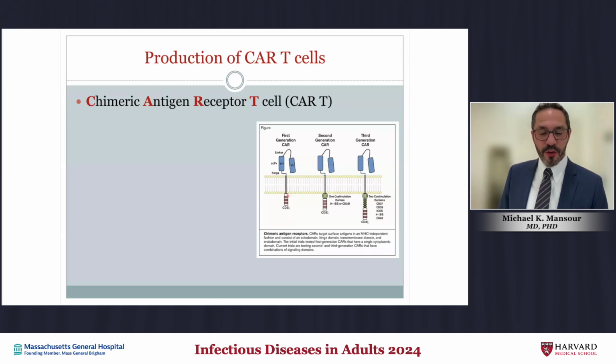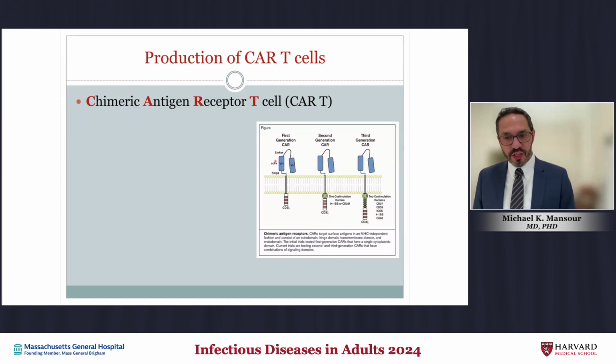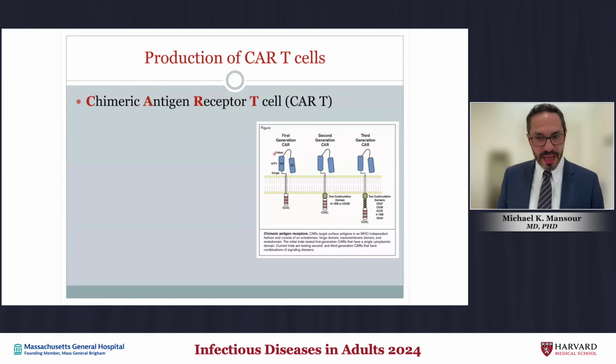And so instead of going through signals 1, 2, and 3, like we just reviewed as a natural immune response, we've engineered this receptor to provide all those signals at one time, okay? So upon recognition of your target antigen, you will deliver all signals into this T cell and activate it. And you get a vigorous CAR T cell response against whatever antigen you have built and engineered the recognition component.